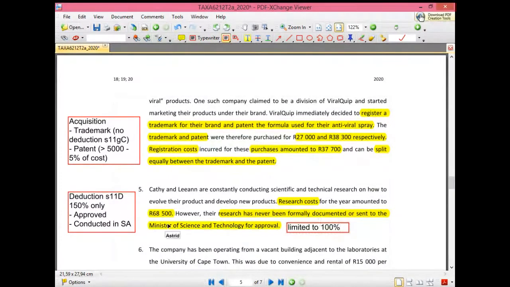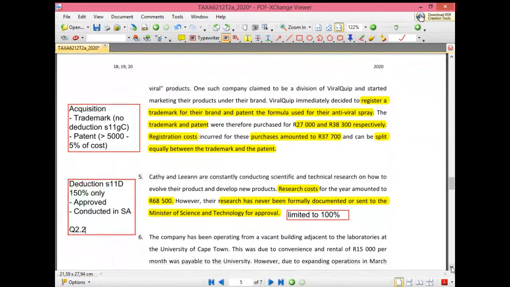Now, if they do get this approval, this portion could also be part of question 2.2 on how to reduce my tax liability or the taxes I am paying. So that is what you had to see from this paragraph specifically.